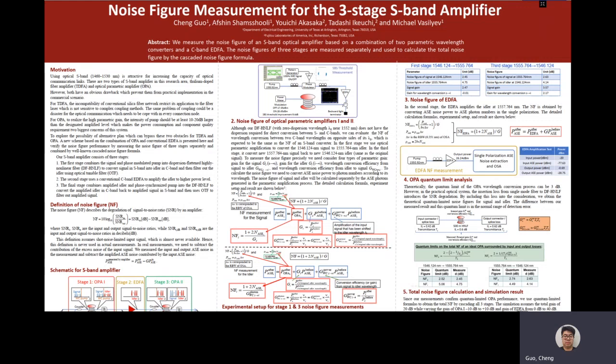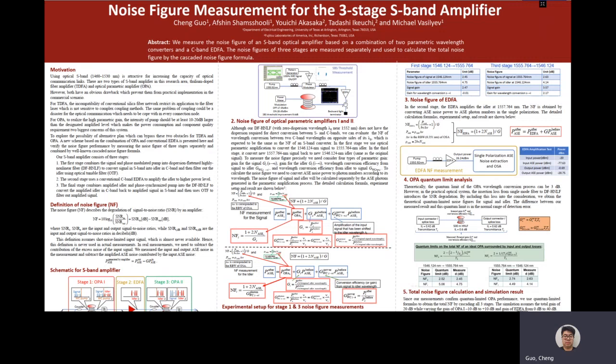For TDFA, the incompatibility with the conventional silica fiber network restricts its application to the fiber laser, which is not sensitive to the complex coupling methods. The same problem of coupling would be a disaster for optical communication with so many connection points in the system.